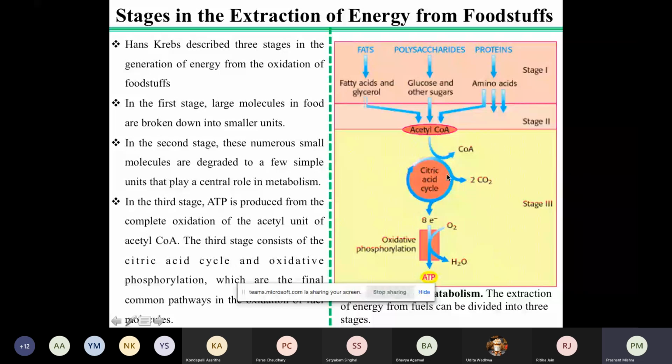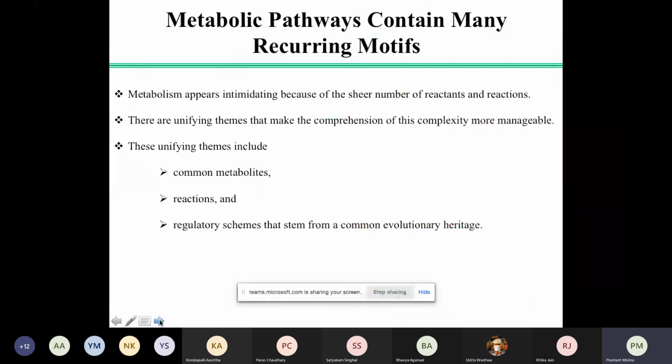They are the ones producing major energy, because these are electrons, and these electrons are finally being accepted by oxygen, and then during this process ATP synthesis happens. Okay, so the third stage is the major stage which you need to understand and which we need to emphasize.